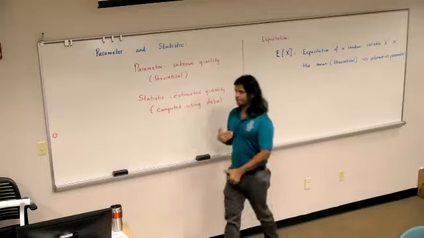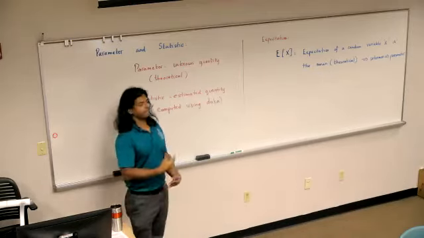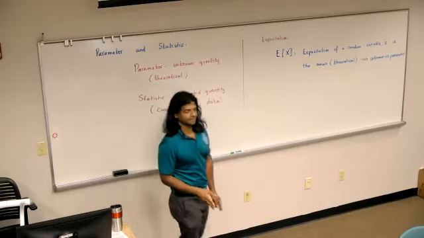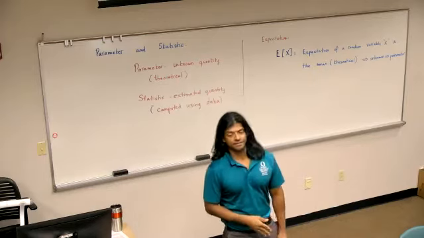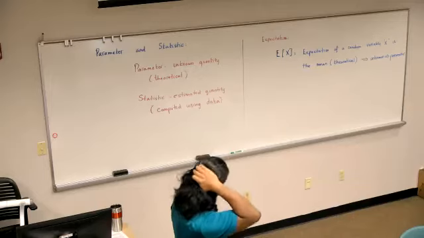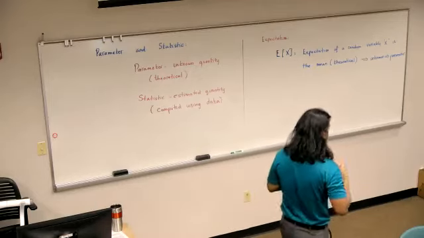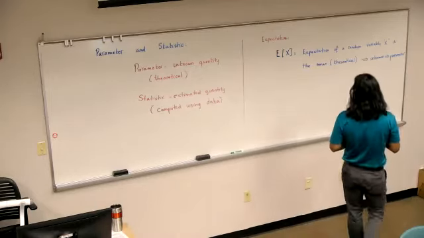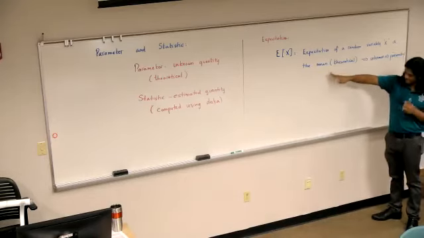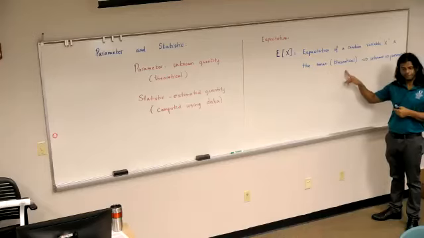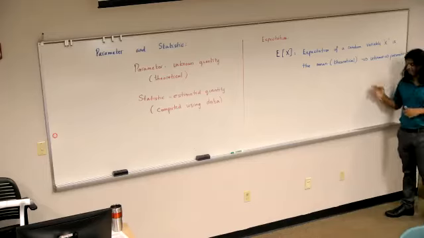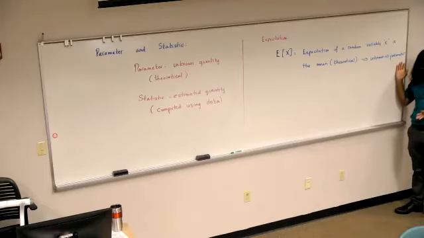So for the expectation of a random variable x, we don't call it a variable in statistics because statistics deals with random stuff. For a random variable x, the expectation is nothing but the mean. And that mean is theoretical since it is an unknown quantity and it is a parameter.